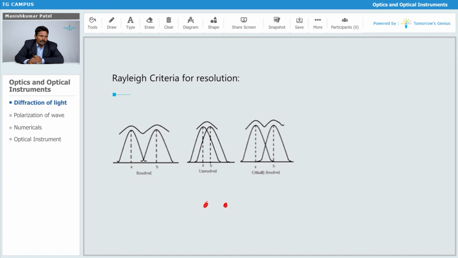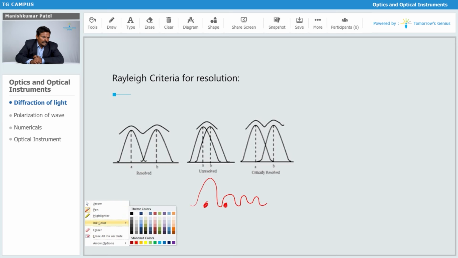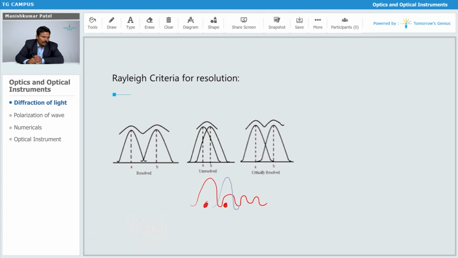For the first point object there is a diffraction pattern, and similarly for the second one also.